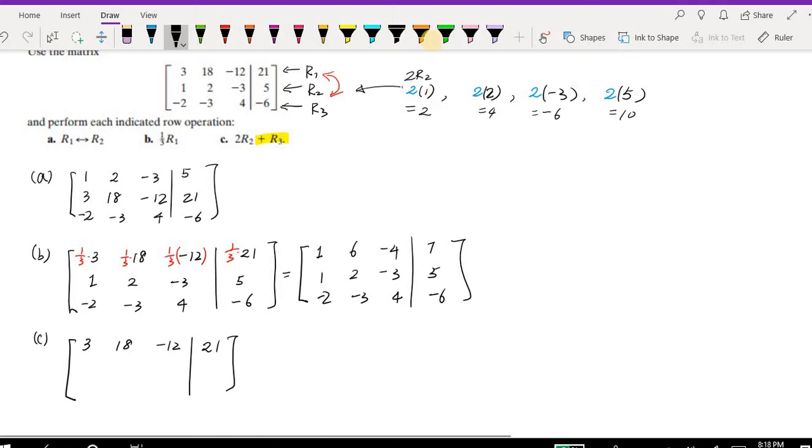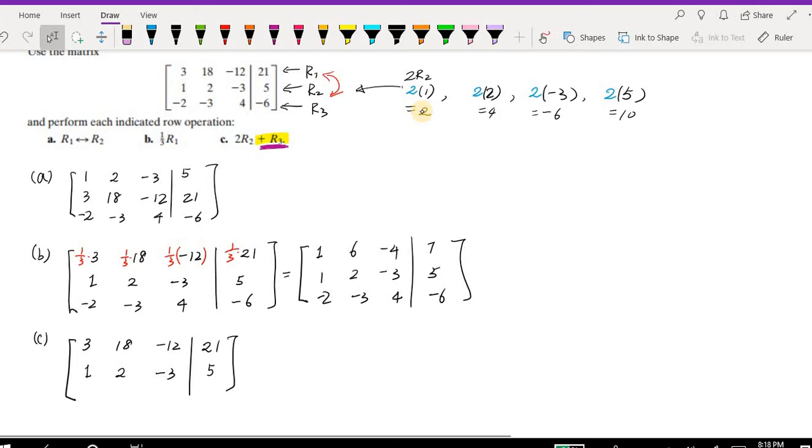Then even though we have used R2 and then we're going to add R3, we're not going to change row 2. Let me tell you this. The only row we're going to change is the one behind the arrow. In this case, we're going to use R2, but we're not going to change it. So then we're going to add R3. In this case, we're going to use a 2, right?